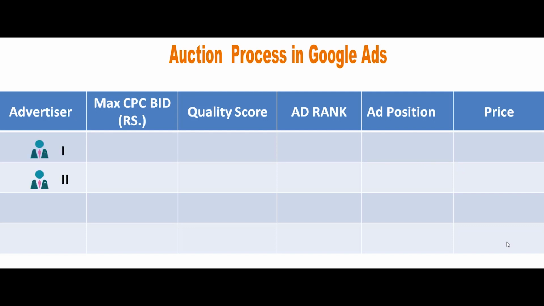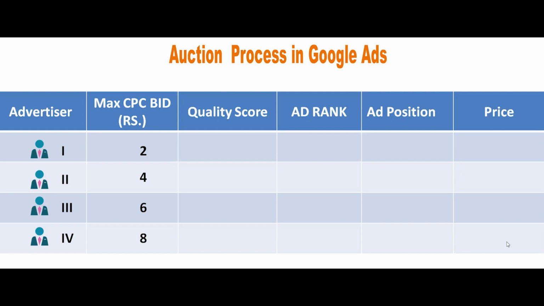For better understanding of this entire process, let us look at this example. There are 4 advertisers for a particular keyword. Keyword here means that their ad should be included in the auction process if someone searches for this very keyword. Their maximum bids are like this. The first advertiser would like to pay Rs 2, followed by the second, third and fourth advertisers.